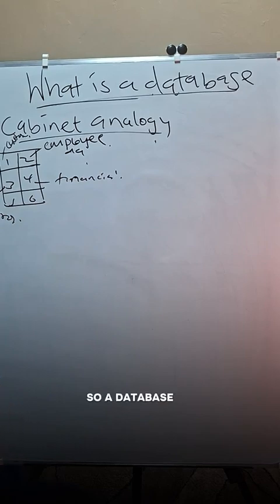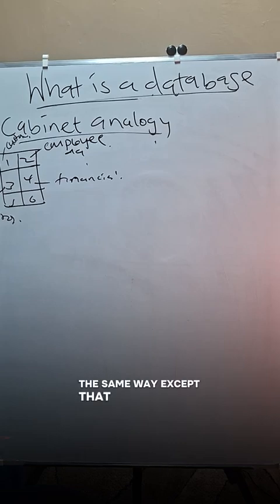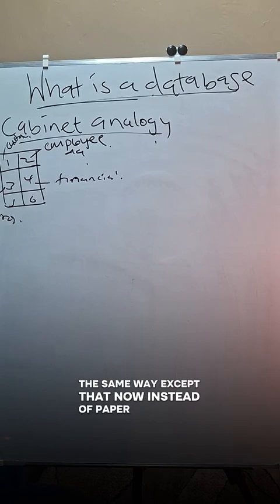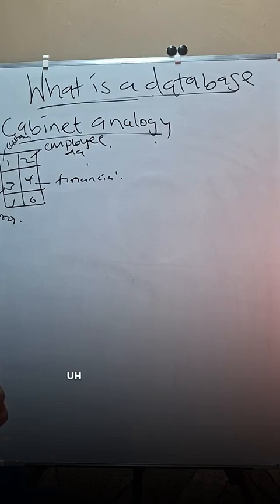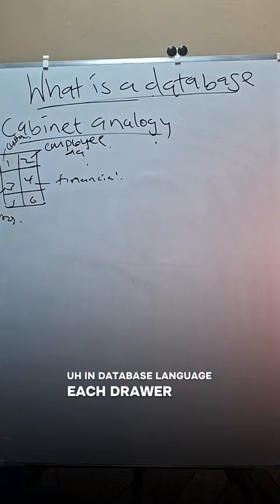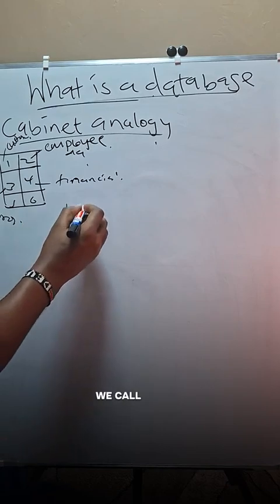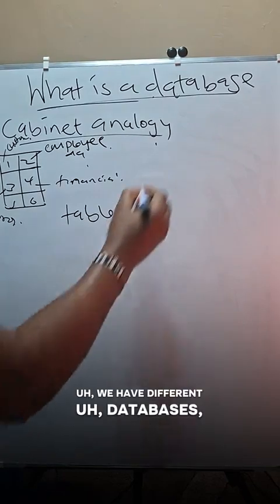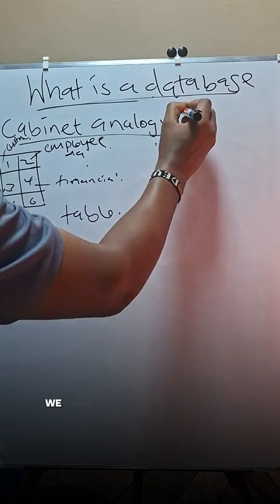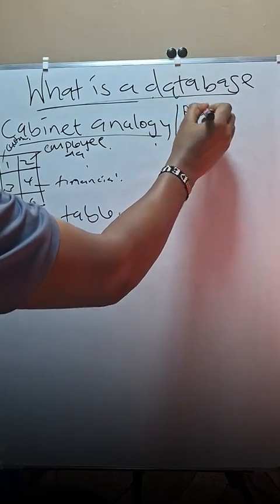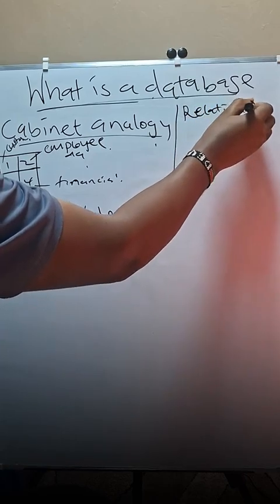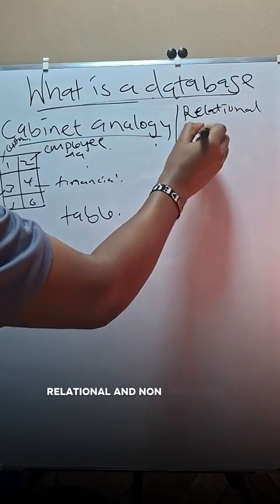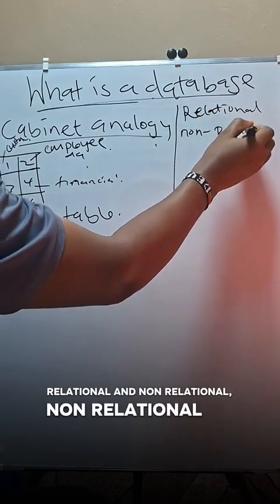A database works exactly the same way, except that now instead of paper, everything is stored digitally. In database language, each drawer we call a table. We have different databases that we use: relational and non-relational.